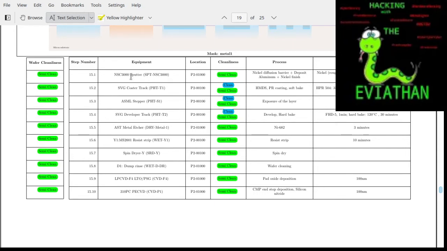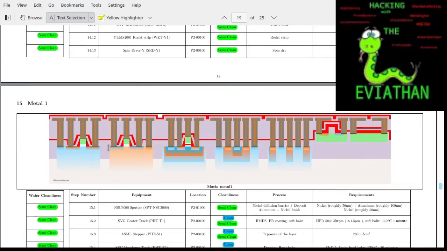Because you cannot directly contact aluminum onto silicide, because aluminum atoms would travel into the silicide and would increase the resistance of that silicide, I had to introduce a nickel diffusion barrier between the aluminum and the silicide. Adding a nickel finish between every aluminum layer has the nice side effect that the aluminum wires do not oxidize during handling.